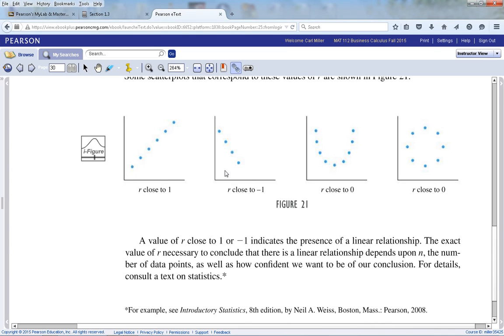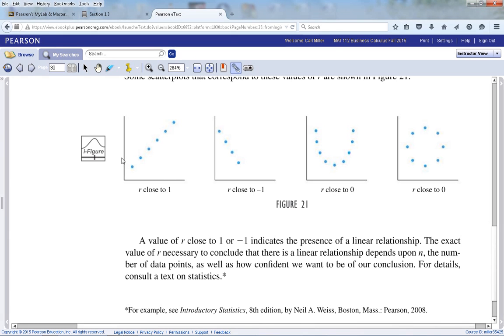Now, in the second figure, you see that there's a negative slope, so the line goes down. As x gets bigger, y gets smaller. So r is going to be negative, and since the points are either on a straight line or very close to it, we would expect r to be very close to -1. So in the first graph, r could be 1, or it may be something like +0.958 or something.